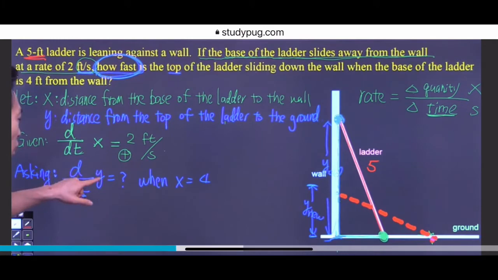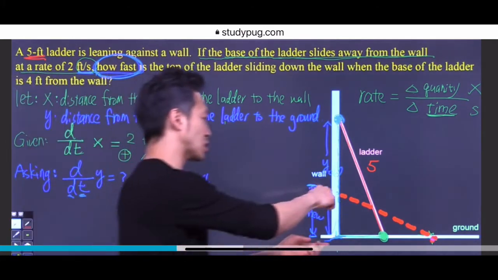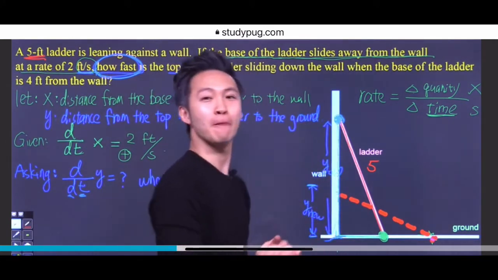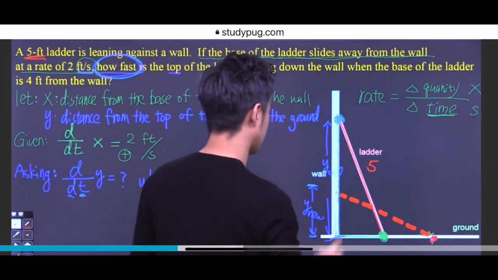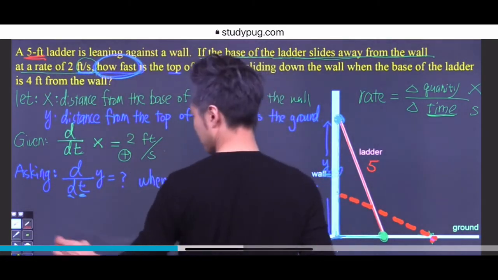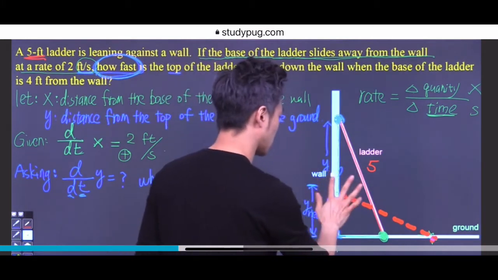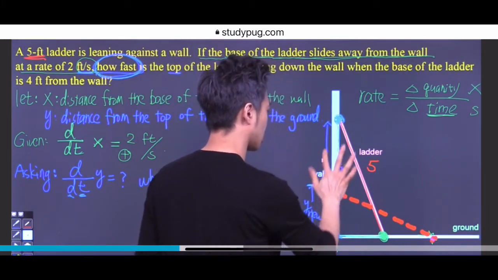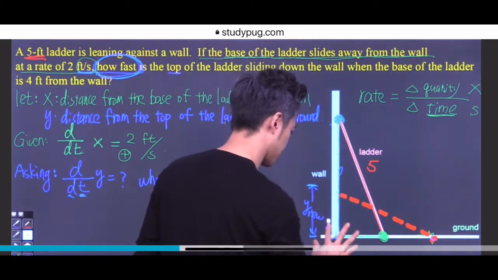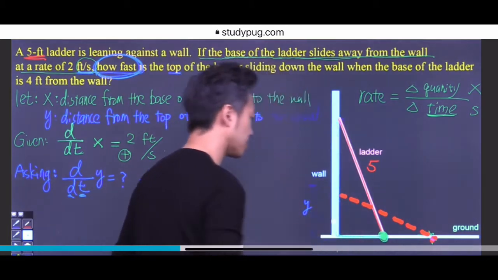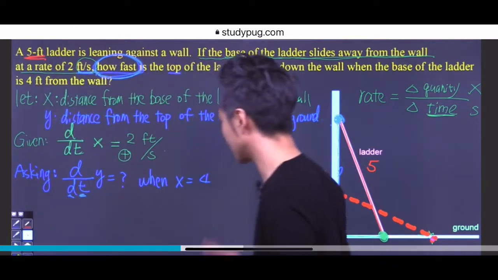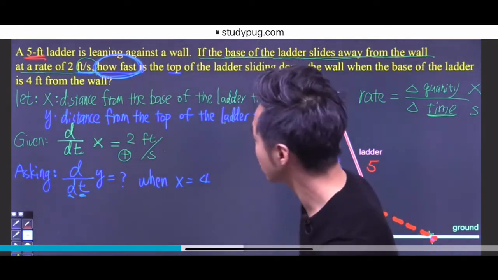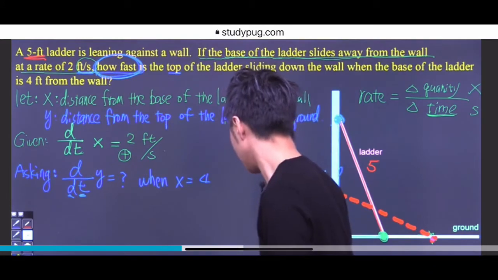What's the change in y over change in time at that moment? Okay? Cool? Let me just erase the old. So step number 3, done. Moving on to step number 4.